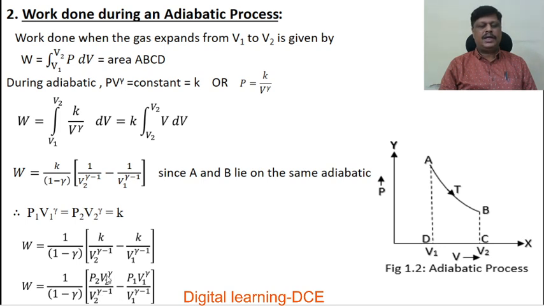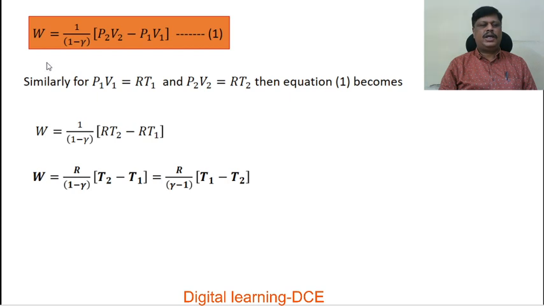Minus gamma plus gamma cancel, then V2 to the power of 1 is there. Similarly, P1 V1 remains, and minus gamma plus gamma cancel, V1 to the power of 1 is there. That is why we get work done is equal to 1 over 1 minus gamma into P2 V2 minus P1 V1.